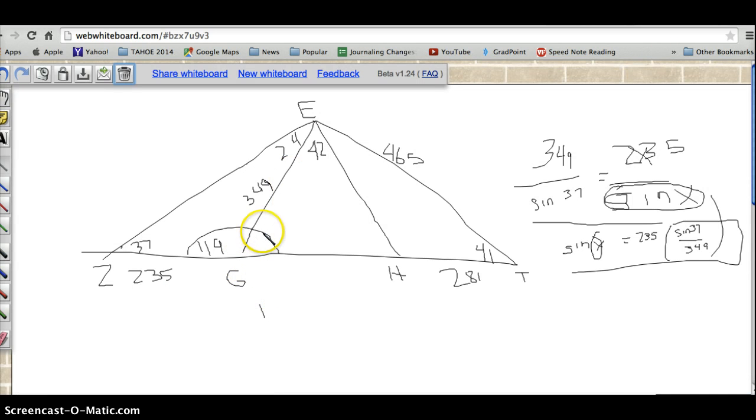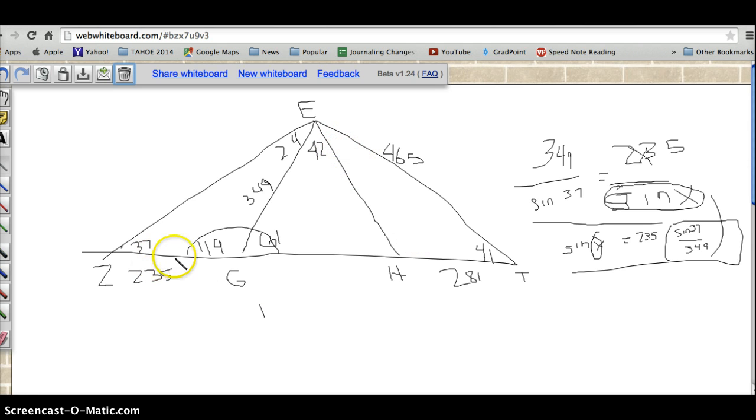And what's nice again is I can use the inside angles to find this angle. Then I can use supplementary angles to find this angle. And then I can use interior angles to find this angle.